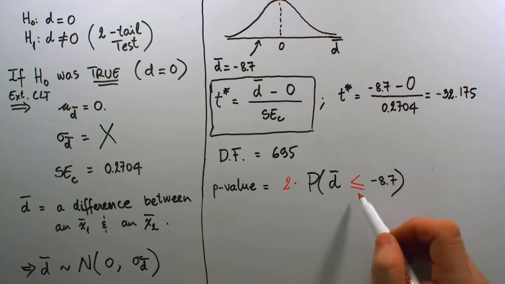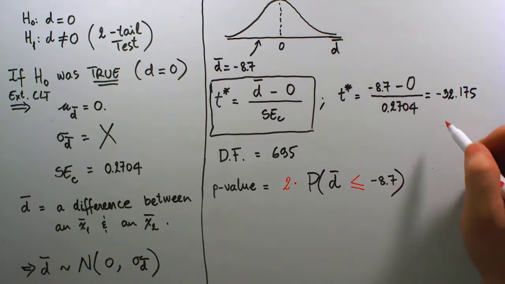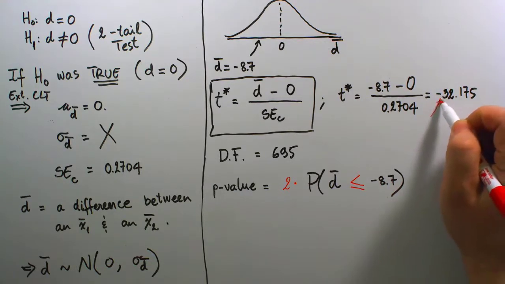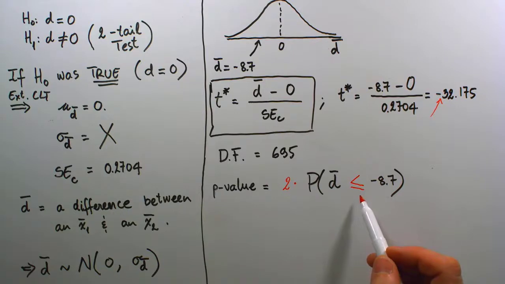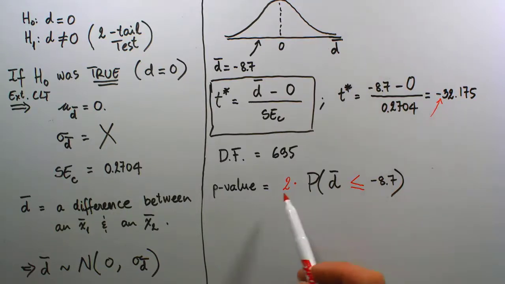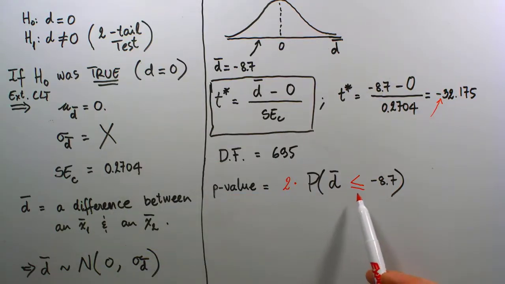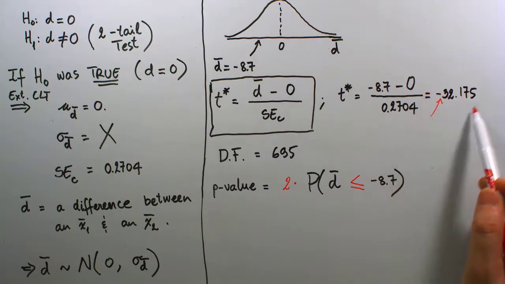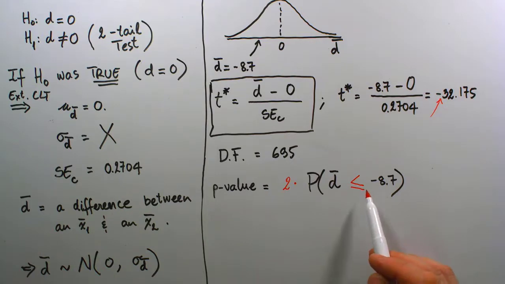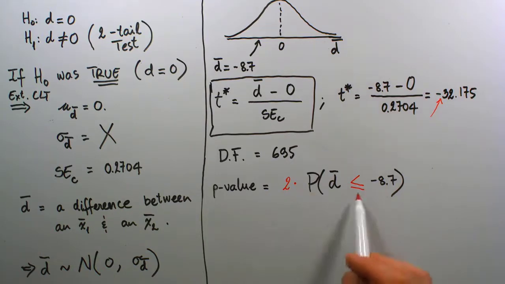Again, this inequality pointing to the left is due to the fact that we have a negative t-score, which I did not emphasize back in part A. But being a two-tail test, since the t-score is negative, we have to use the left tail inequality, and then multiply that by a factor of 2.